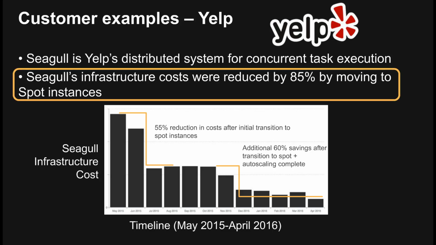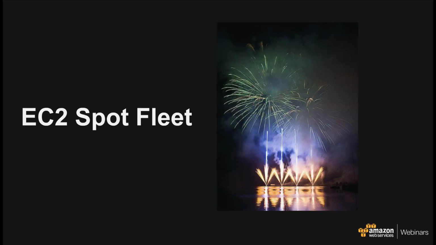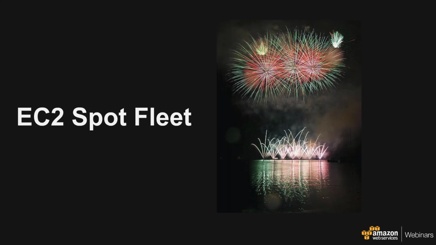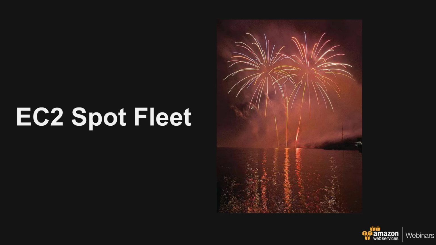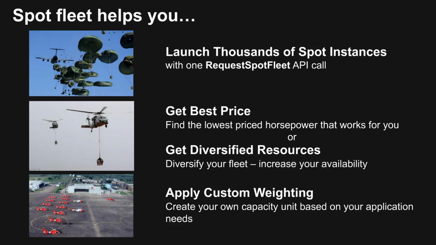Let's continue on through a service called EC2 Spot Fleet. I'll dive into what Spot Fleet does and what it offers you. Spot Fleet is the ability to launch a single or thousands of spot instances with one single API call, the request Spot Fleet API call.